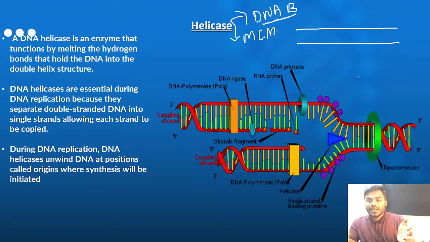So to prevent the reannealing, we will use a very important enzyme. What do you call it, friends? SSB, single-stranded binding proteins, which are involved in stability, which never allow the two single strands to associate with each other.